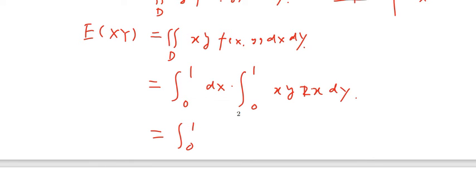The dx here is 2x squared dx, and then dy from 0 to 1 is just 1, so it's just half. So this just equals the integral from 0 to 1 of x squared dx, so this equals 1 over 3.